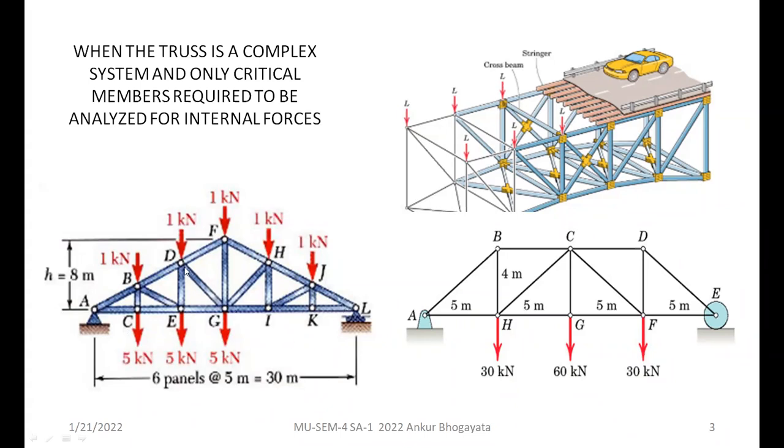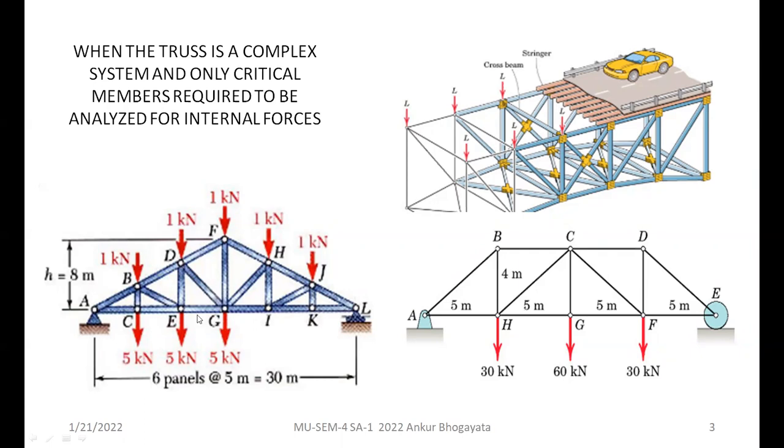Now if I ask you to please find the force in member BG within 5 or 10 minutes, it will be very difficult for every one of us, because typically we will start by calculating the reactions at the supports, then we start solving joint C or joint A, then we go to joint B, then joint E, then either joint B or joint G, and then finally we may be able to calculate the member force in member BG. That is the diagonal here.